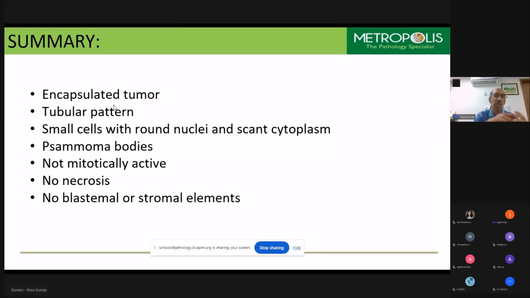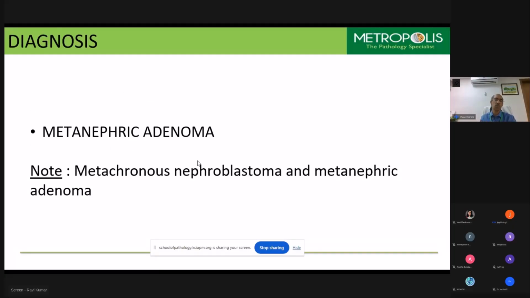So going by these factors, though we did have a few which went against our diagnosis, like the encapsulation, and the age, of course. Going by the factors that immunohistochemistry played a role and the microscopic routine H&E, our diagnosis was ultimately metanephric adenoma.